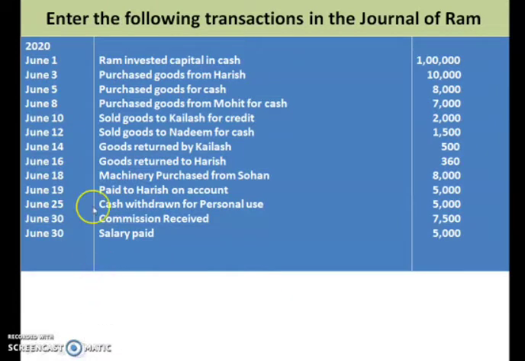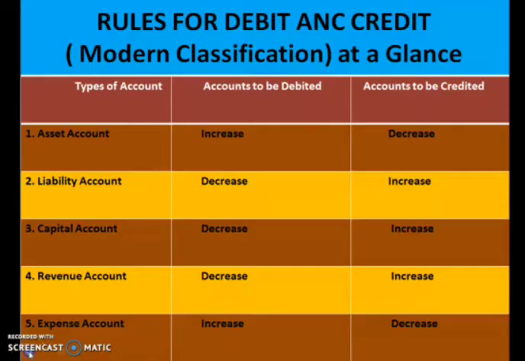Please check out this question. Sold goods to Kailash for credit. But here it is not a cash transaction, but it is a credit transaction. So because you have sold the goods to Kailash for credit, Kailash is our debtor. Debtors are assets, and if it is increasing, you are supposed to debit that.